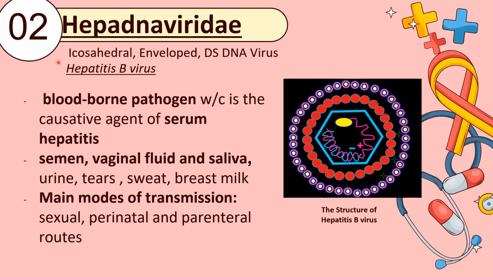However, lower concentrations of the virus may appear in semen, vaginal fluid, saliva, and other fluids such as urine, tears, sweat, and breast milk, which can also contain hepatitis B surface antigen, but they do not seem to be infective. Okay? They have this hepatitis virus in other fluids, but they are not infective.